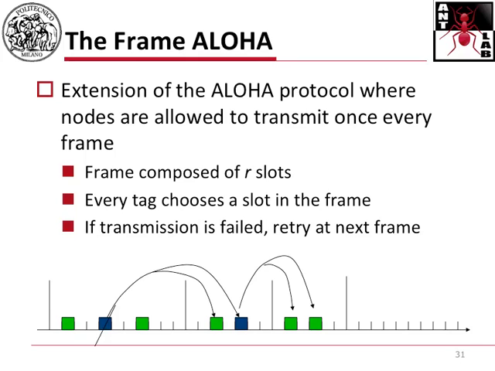And the idea is that basically all the tags or nodes which take part in the access procedure have to randomly choose one slot in one single frame, and if they go through, fine, which means that they are solved, in the RFID jargon.